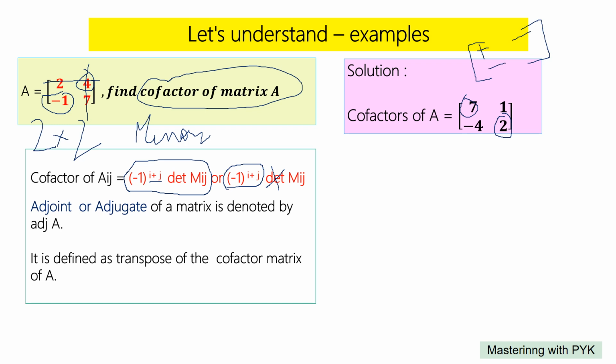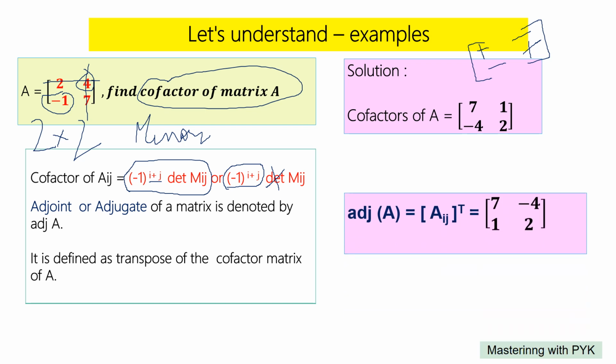This is how the signs work: an alternating plus-minus sign. Here it is plus, so no change. Here it was minus 1, so the sign got changed, minus and minus became plus. Here it is a negative sign, so it gets a negative, and here it is a positive sign, so we get plus 2. So these are the cofactors of A, right?